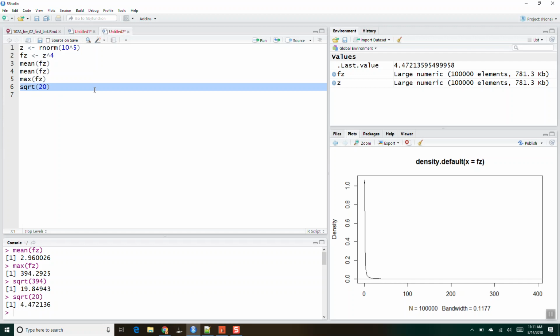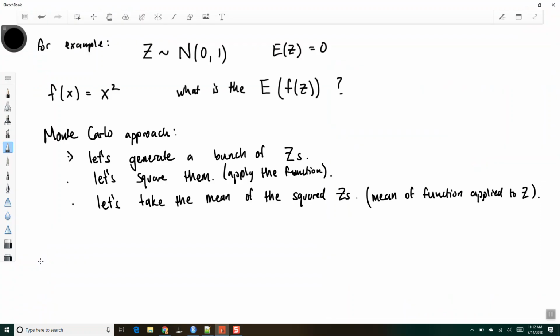So it doesn't happen very often, but if you end up getting a random normal value of 4.47, which could happen when you have 100,000 values, then when you raise that to the fourth power, you get a value like 400, and that's going to obviously skew your answer here. But anyway, this is the Monte Carlo approach.